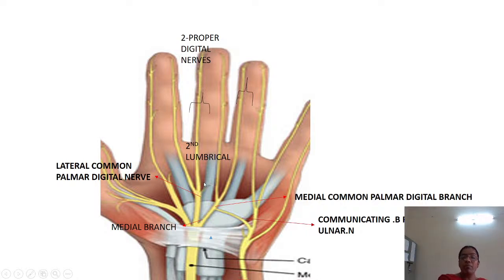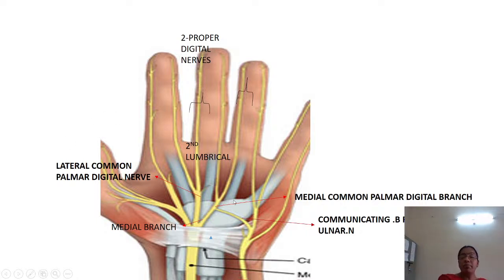The lateral common palmar digital nerve supplies the second lumbrical and the adjacent sides of the index and middle fingers. That is what the lateral common palmar digital nerve of the medial branch is doing.